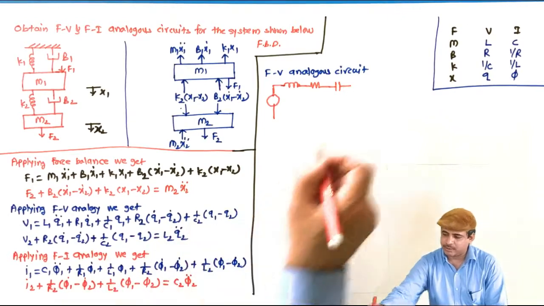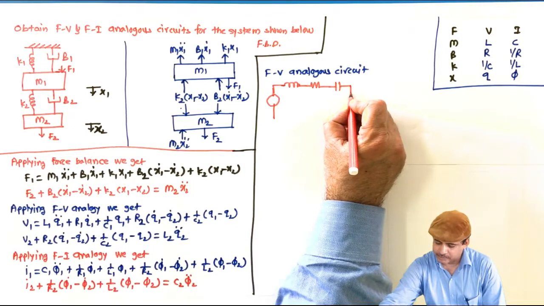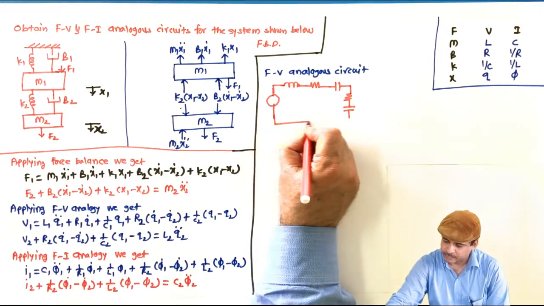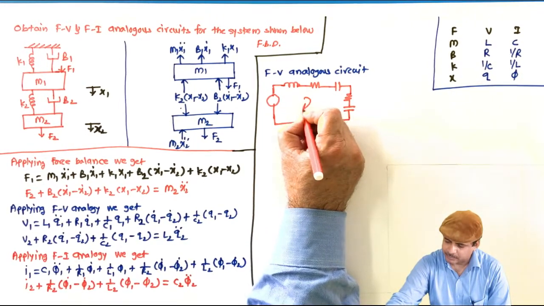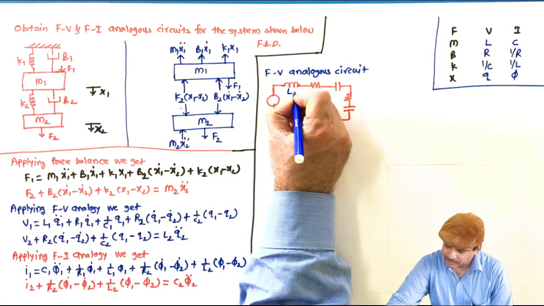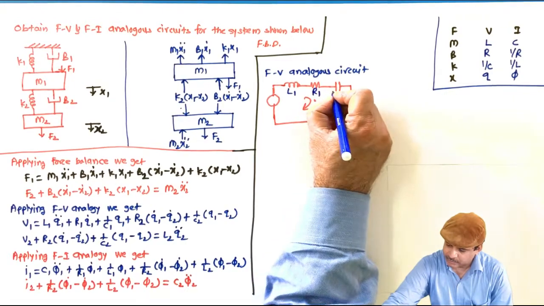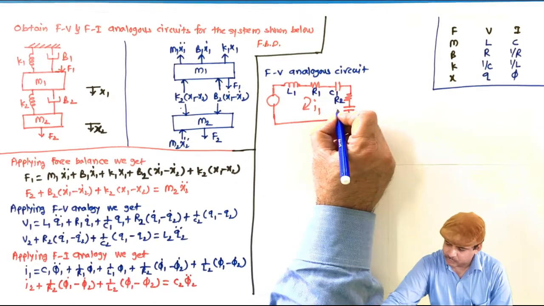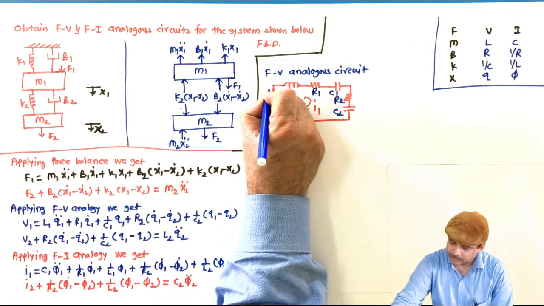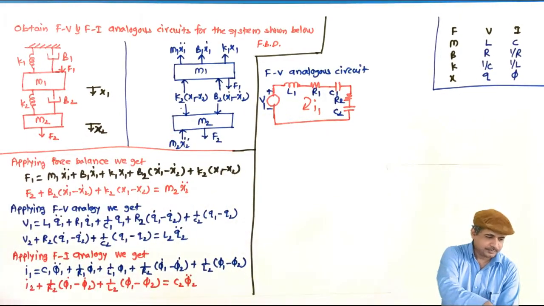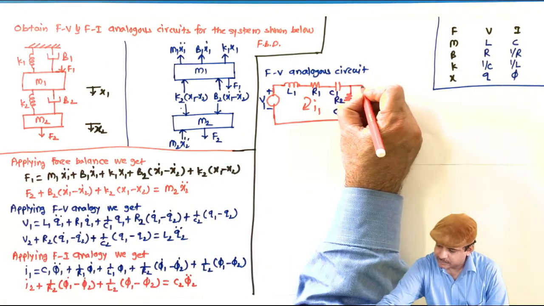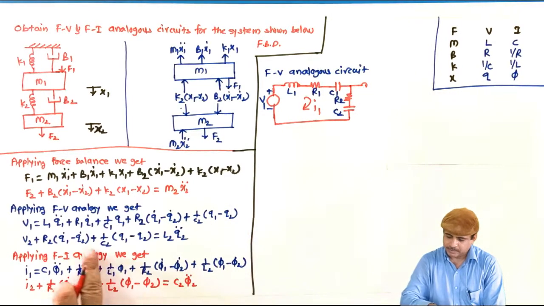Then R2 and C2 have a combination of both currents, so R2, C2. So this is I1, and these elements are L1, R1, C1, R2, C2, and this is V1 plus minus, and then in continuation there will be L2.